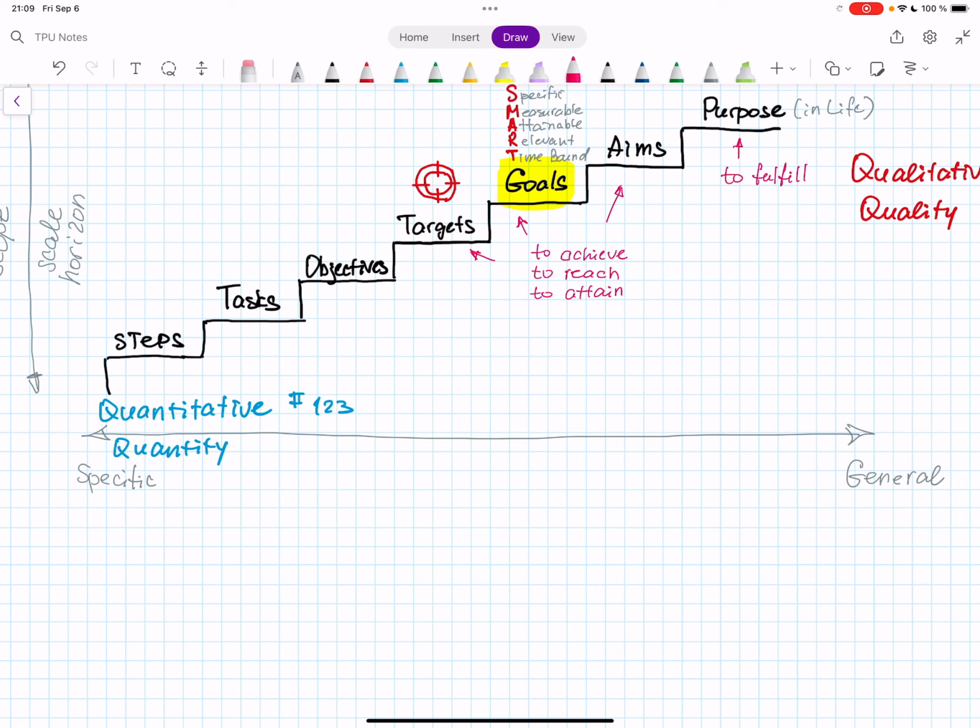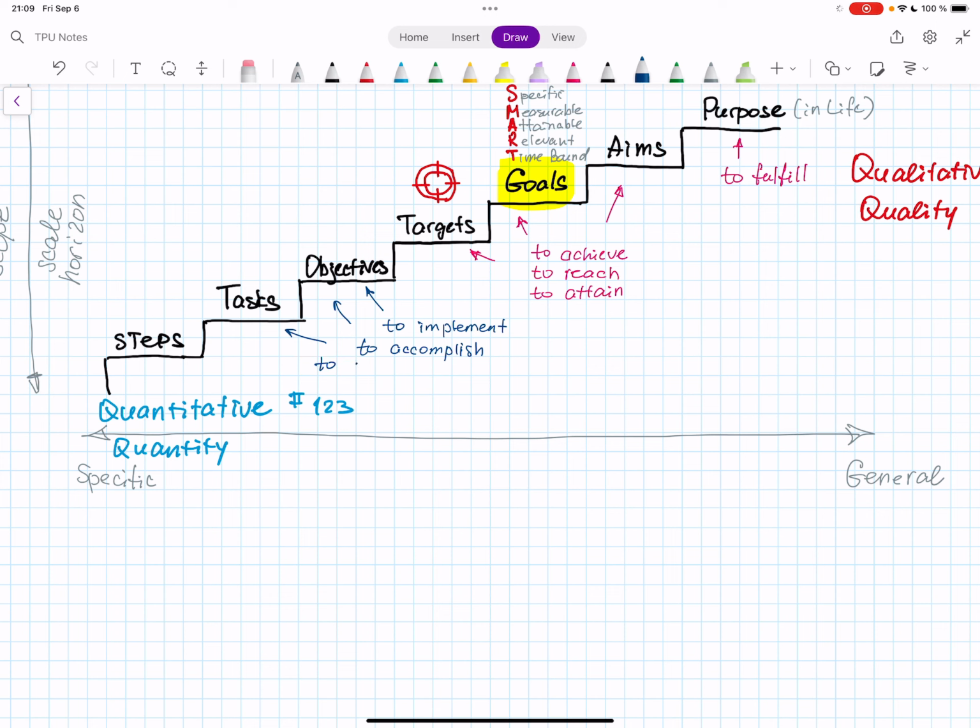When we go down to objectives and tasks and steps, we will use words like to implement objectives or to accomplish tasks, but it can be used for objectives as well.